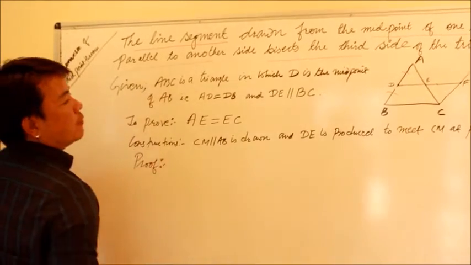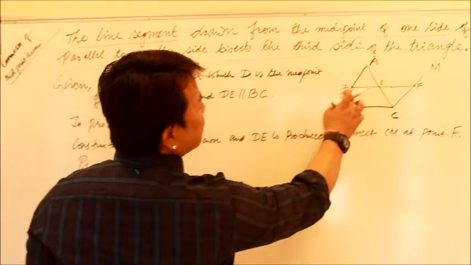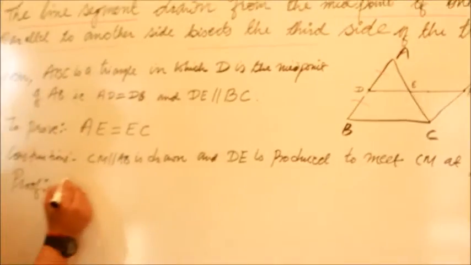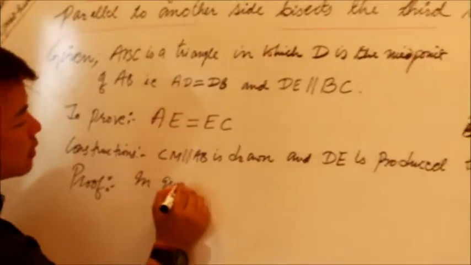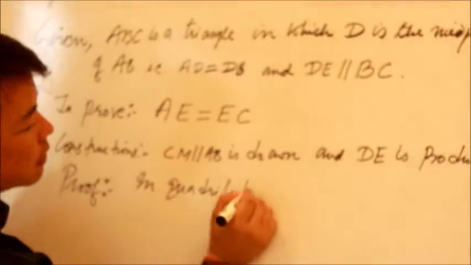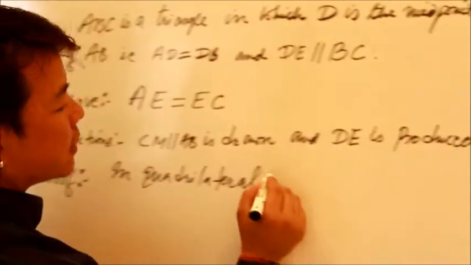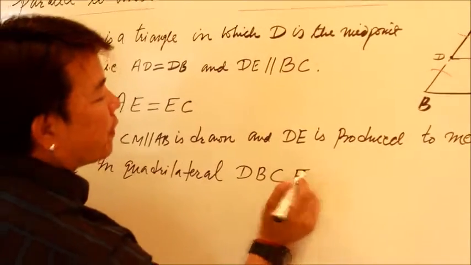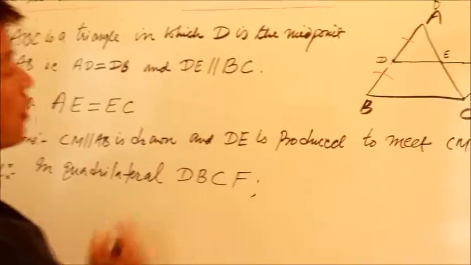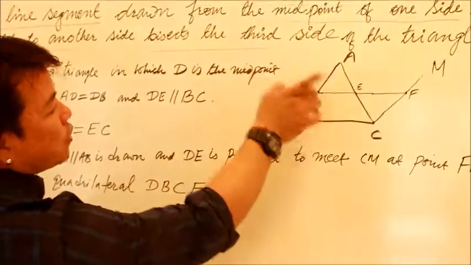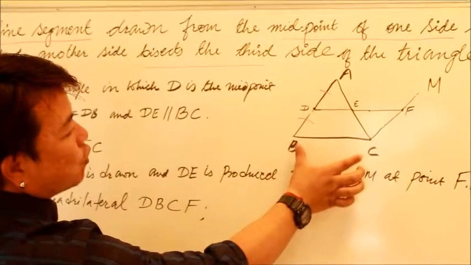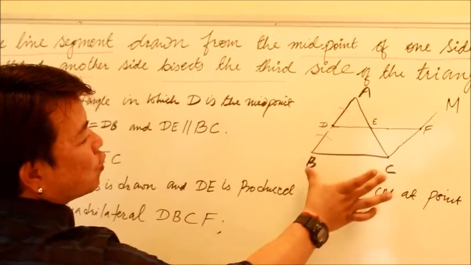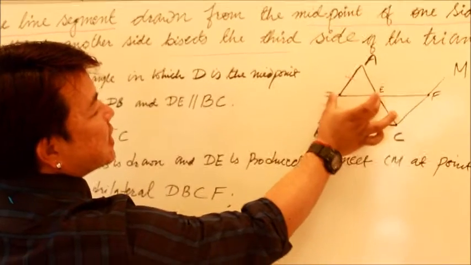Before we start proving, see this quadrilateral DBCF. What are the properties here? According to the question, we have drawn DE parallel to BC. So definitely DF will be parallel to BC, because DF is the extended part of DE.